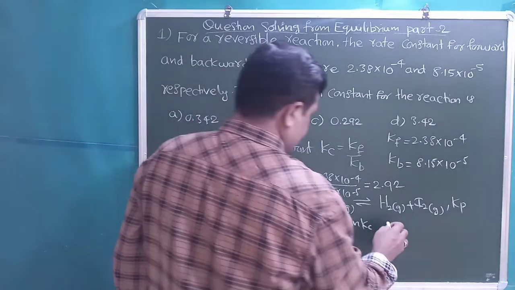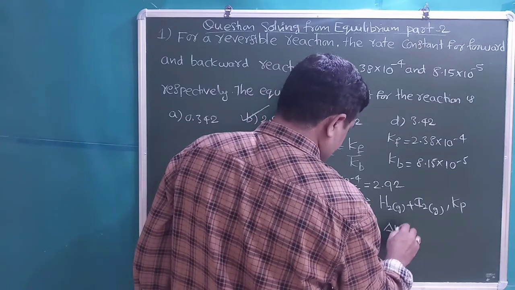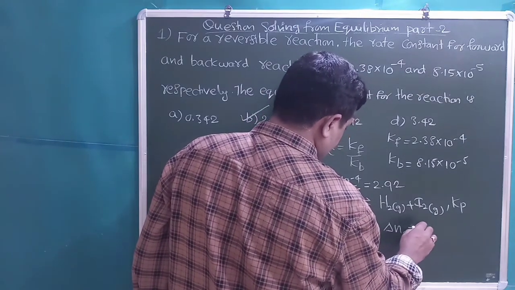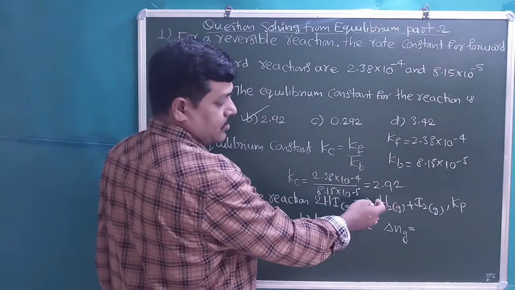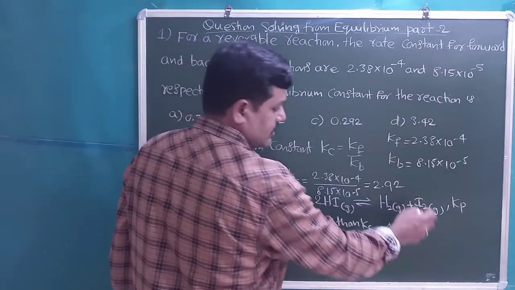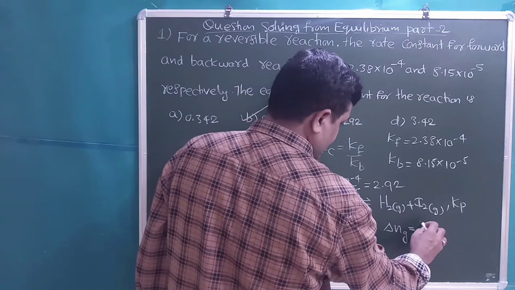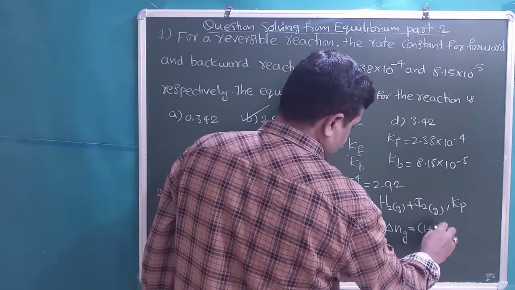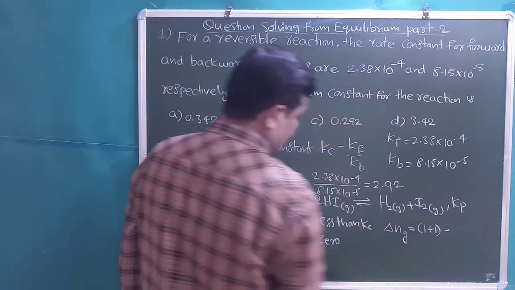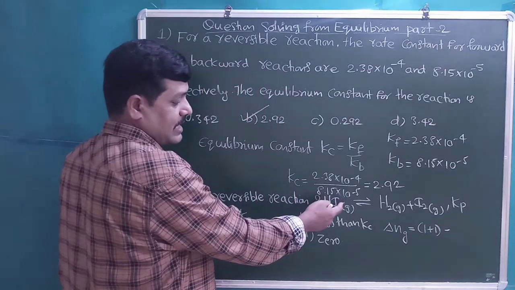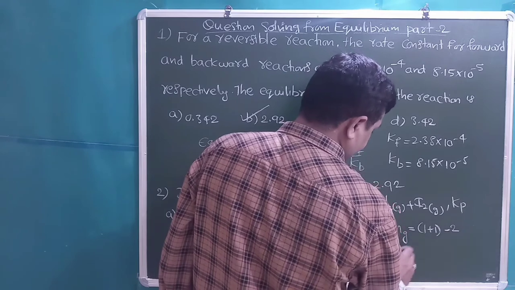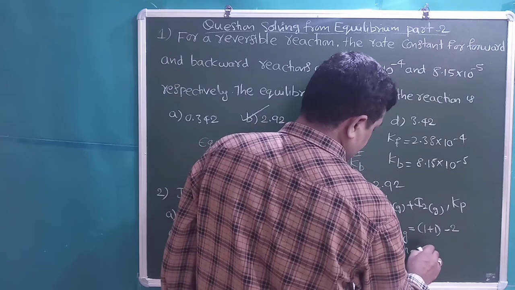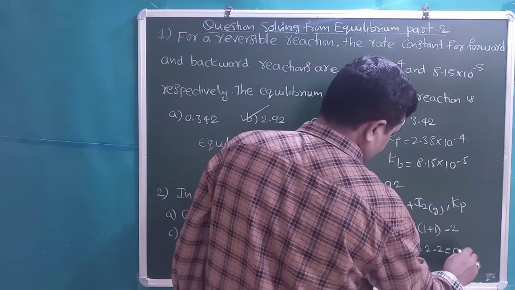Students, here delta Ng is equal to the total number of moles of gaseous products, 1 mole of H2 and 1 mole of I2, so 1 plus 1 is 2, minus the number of moles of gaseous reactants, 2 moles. So delta Ng for this reaction is 2 minus 2 is equal to 0.